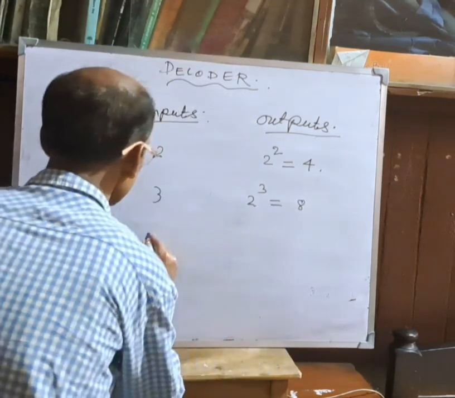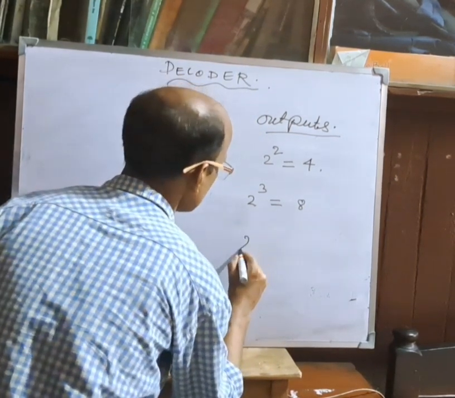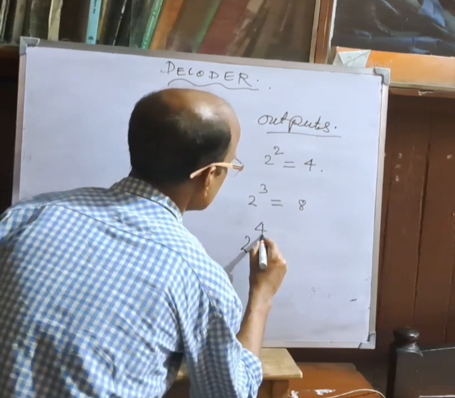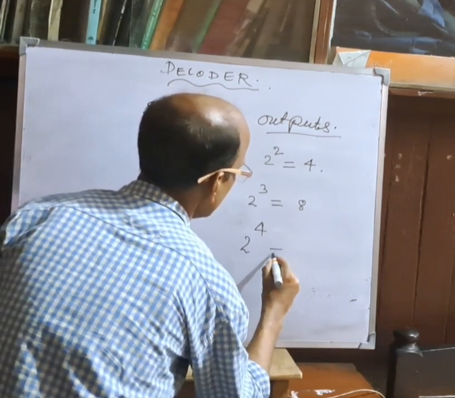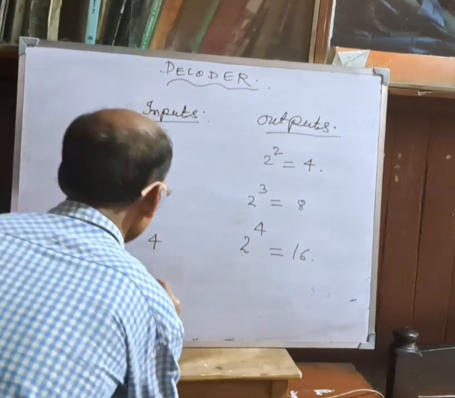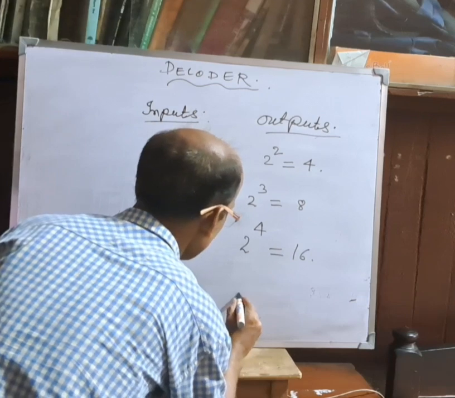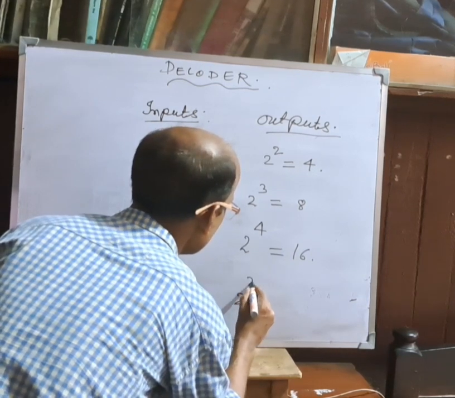Number of input is 4, the output is 2 to the power 4, that is equal to 16. Similarly, the input is n, then output will be 2 to the power n.